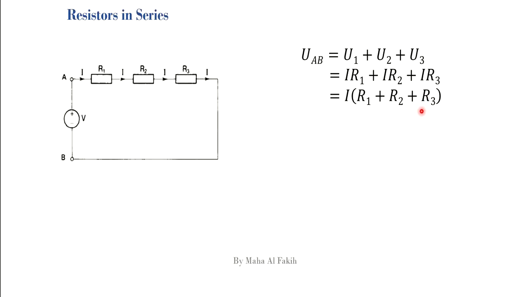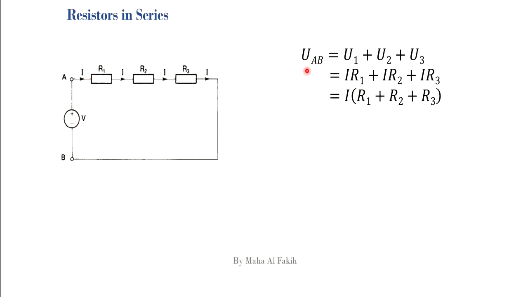Now there's something that we call an equivalent resistance or equivalent resistor. Equivalent resistor means a resistor that can replace a number of resistors where this resistor will have the same current passing through it for the same applied voltage. Looking into this circuit, an equivalent resistor that would replace the resistors R1, R2, and R3 should have the same current I when the same voltage V is applied.